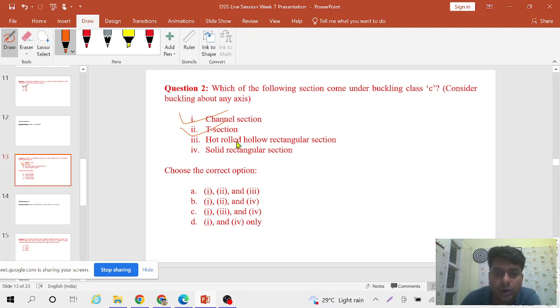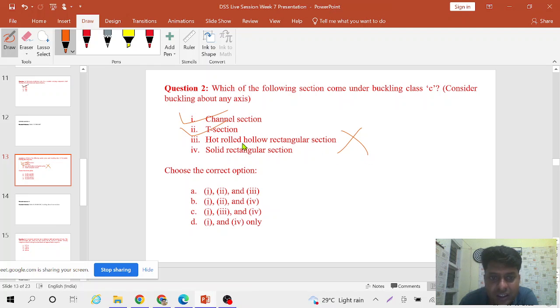Now hot rolled hollow rectangular section. I have checked for hollow; there is one section given, class A. Class A. So this is wrong.